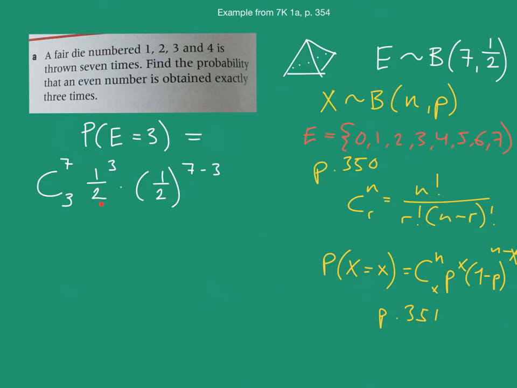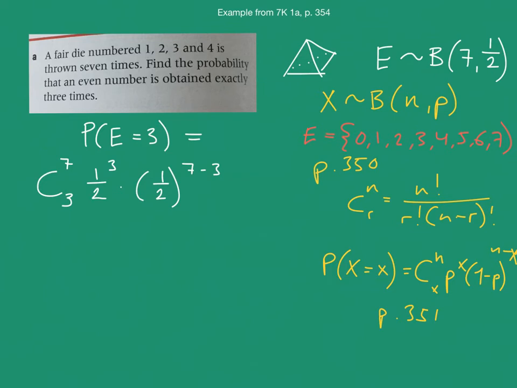That's 1/2. We're going to put that in here, and this is to the power of 3. Multiplied with 1 minus the probability. So 1 minus 1/2, that's going to be 1/2, to the power of n minus x. And the n, that was 7, and the x, the value that we're looking for, is 3.